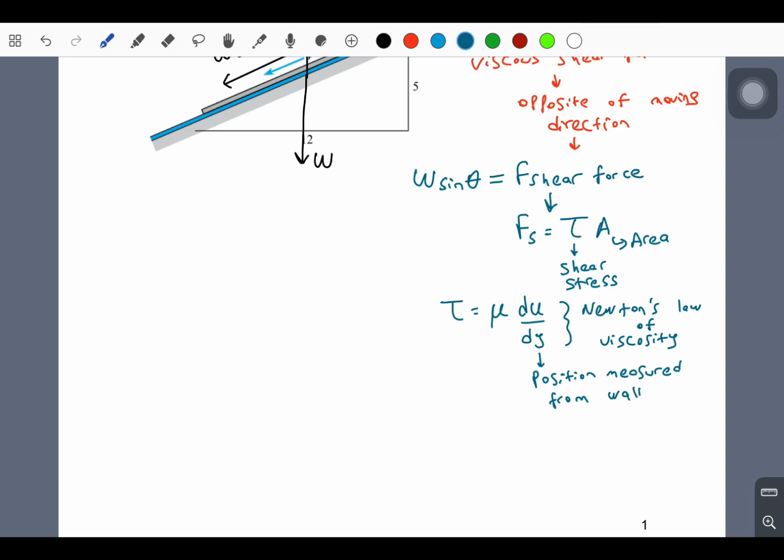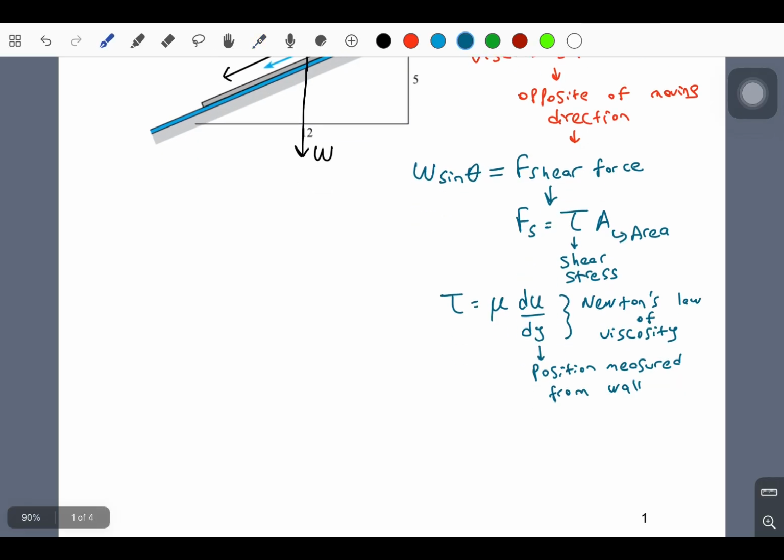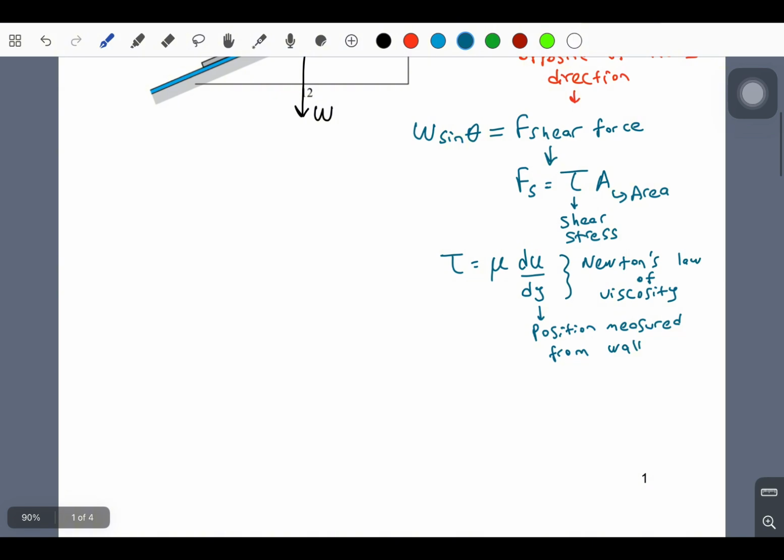So in our case, it is going to be the thickness of the oil layer, because this is the distance from the wall, and we had 0.02 inch of oil layer, and it is the distance between this boat and this wall. So this is the shear stress formula.